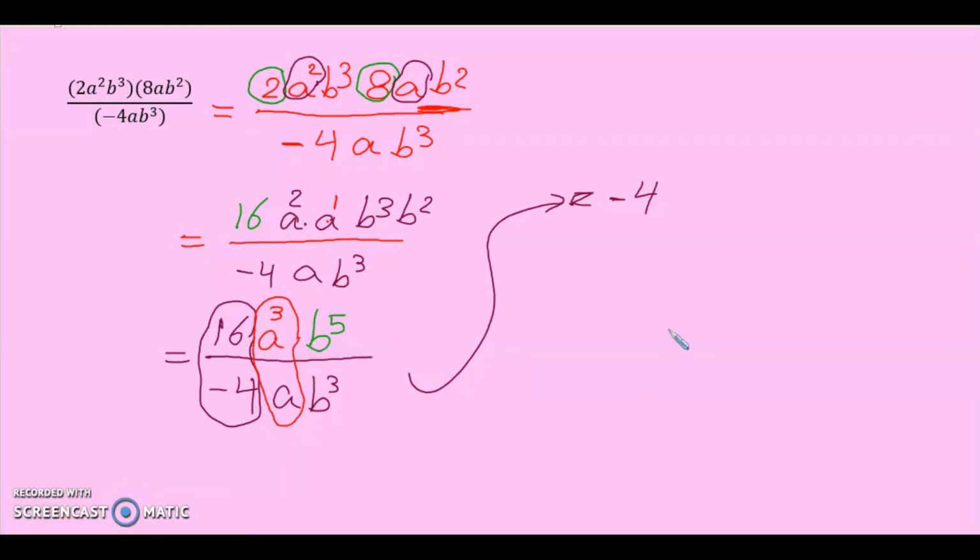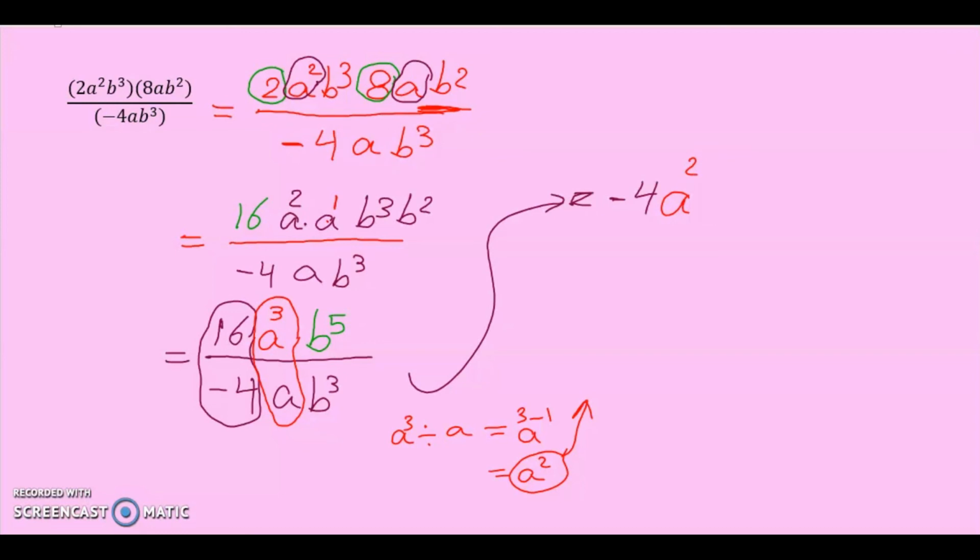If you divide them, it would be a cubed divided by a. So as a result, you have to subtract these two. 3 take away 1 would be a squared. Yes? So that's recorded on top. Therefore, for a's, I end up with a squared.